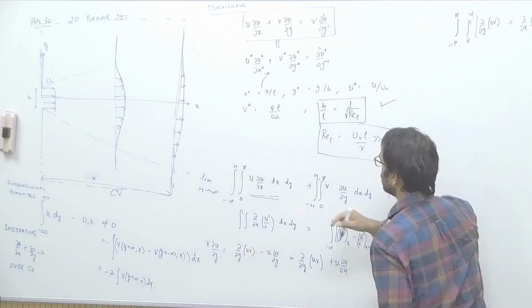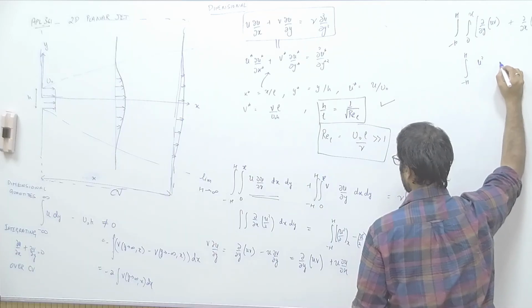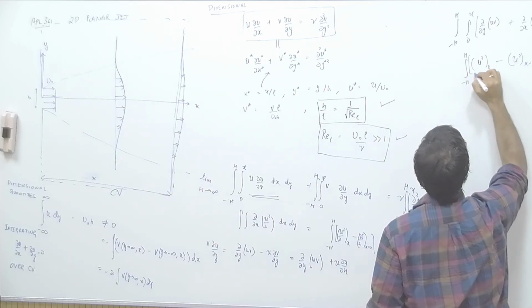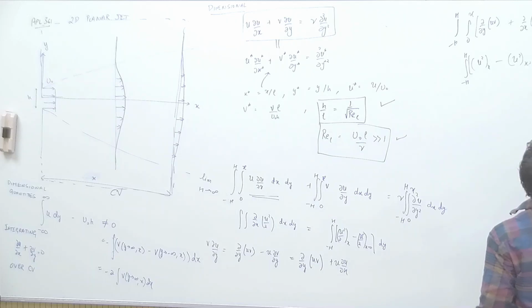When you add these two, you will get integral minus H to H of u square at some x minus u square at x equal to 0, integrating dy, and then a plus integral minus H to H, 0 to x, del by del y of u v dx dy. And then on the right hand side you have something very straightforward. You have nu times integral minus H to H, 0 to x of del squared u over del y square dx dy.